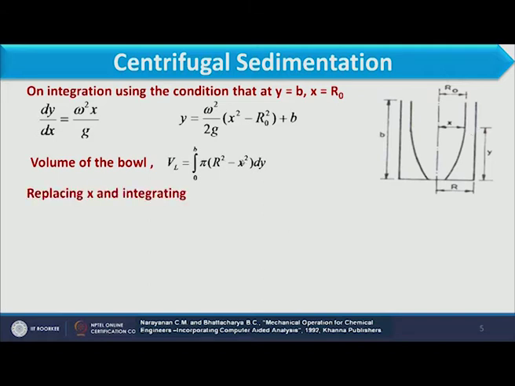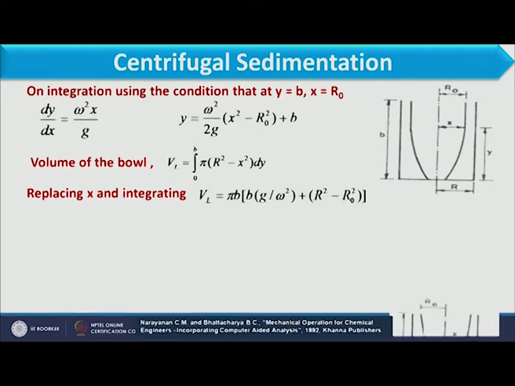When we replace x square from this equation into this equation and integrate from 0 to b, we get the final expression of VL as pi b [g by omega square plus (r square minus r naught square)]. So this is the expression of volume.